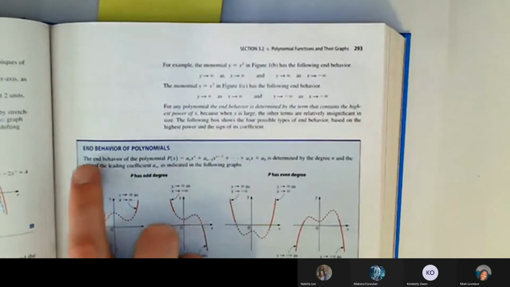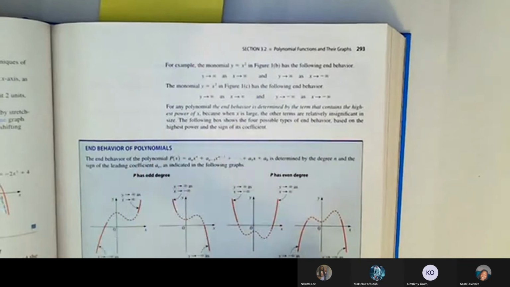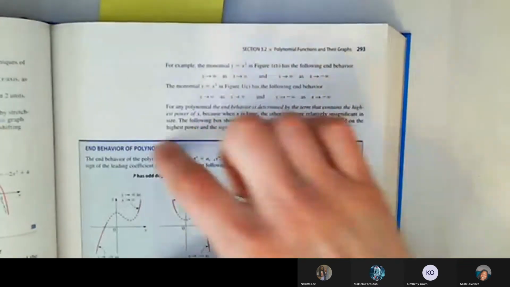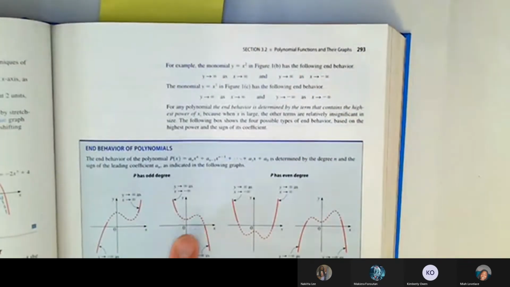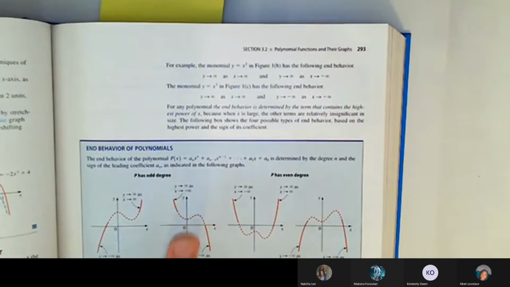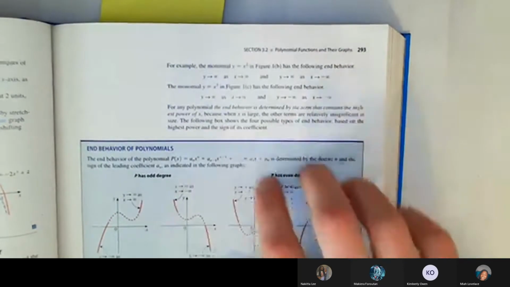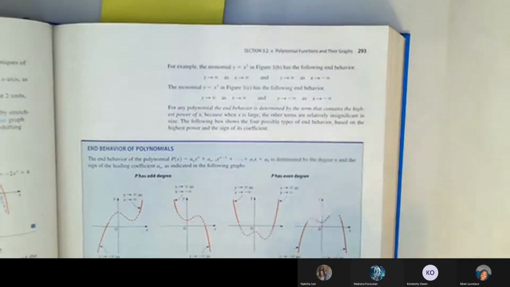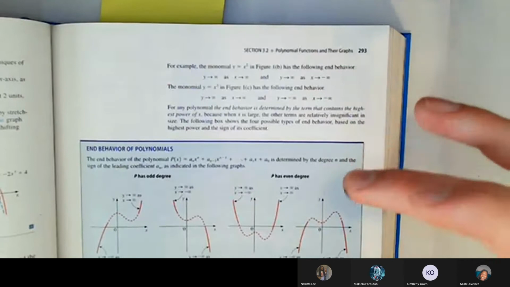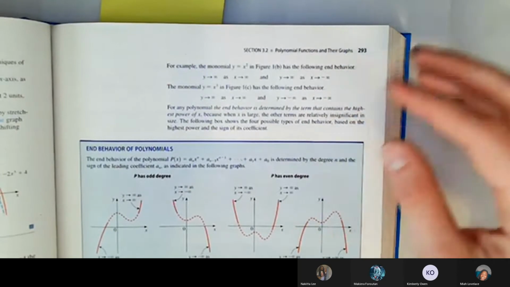It says end behavior of polynomials. There's a nice chart here that describes each case: the two odd ones with positive and negative coefficients, and the two even ones with positive and negative coefficients. That's a really nice picture that sums up pretty much everything I just talked about in one easy to study picture.